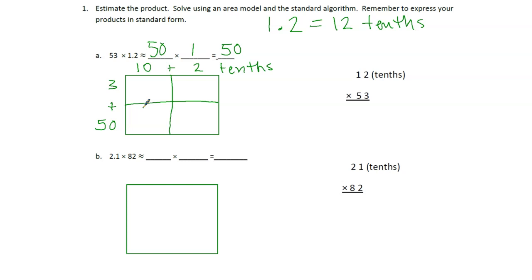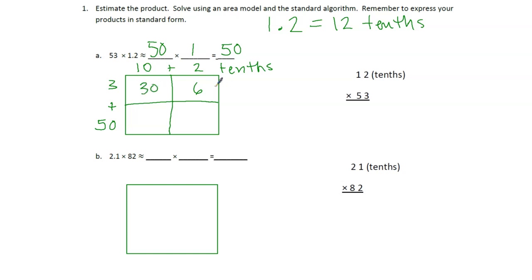Now we have 3 times 2 tenths. 3 times 2 tenths is going to be 6 tenths. Then I have 3 times 10 tenths. That's going to be 30 tenths.